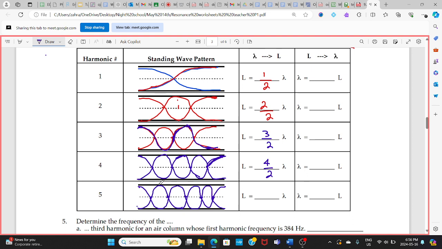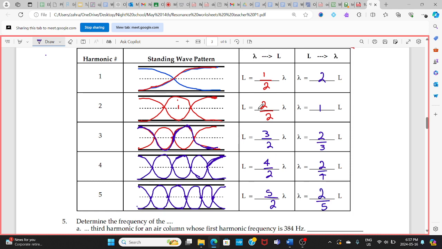Again, from maximum to maximum is one. From this maximum to the maximum here, one. From maximum to maximum, two. 2.5 is going to be 5 over 2. So for the lambda, I can just invert that. So it's going to be 2 over 1. Here is 2 over 2, it's 2 over 3. Here is 2 over 4. And here is 2 over 5.